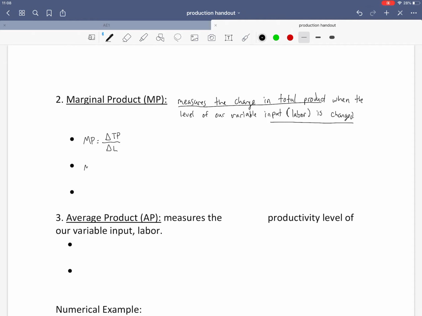So marginal product is an individual measure of productivity, in a sense that it tells us each worker's individual contribution to the firm's output level.